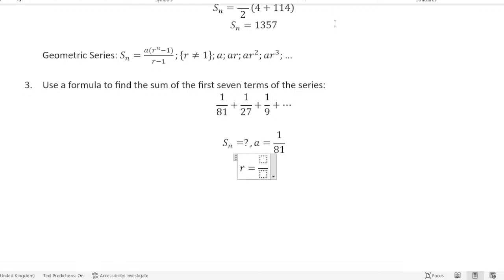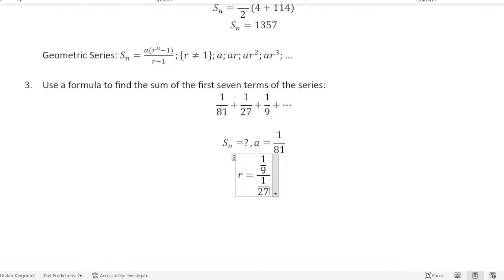So R is equals to, our successive term here is 1 over 9, divided by the previous term, 1 over 27.